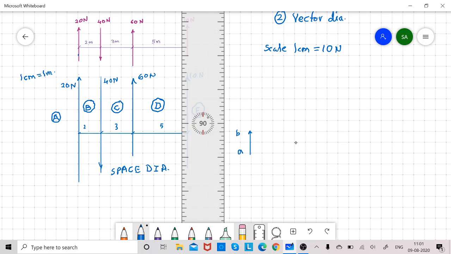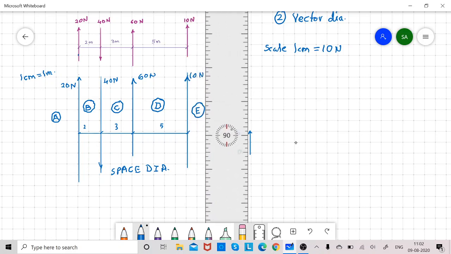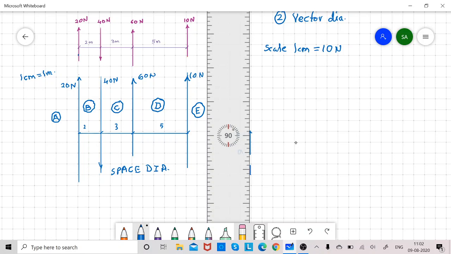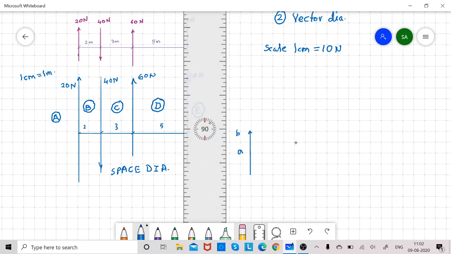Then the next force is 40 Newton, that is bc, 40 Newton downward. So from b, draw a length of 4 centimeter down. So b to c. From c to d, the upward force is 60 Newton. So I will draw 6 centimeter from c. So 1, 2, 3, 4, 5, 6.